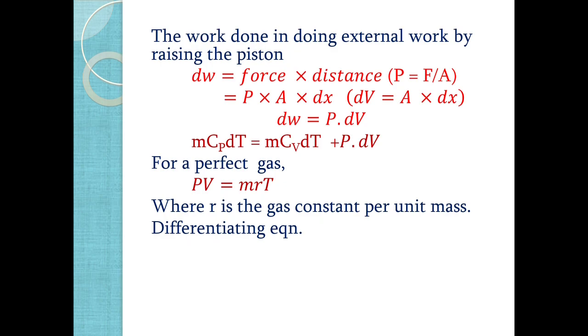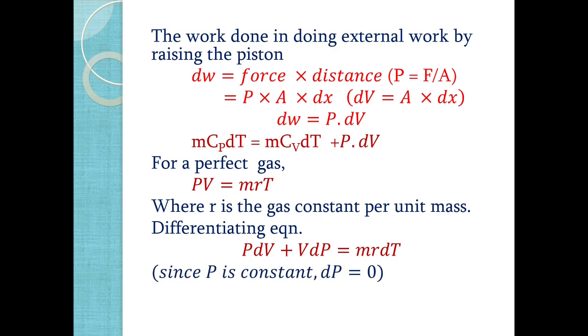P is also a variable, V is also a variable, so let us use the product rule: d of UV is U dV plus V dU. So P dV plus V dP. In the first term we keep P constant and differentiate V, so it is P dV, plus the second term where V is constant and we differentiate P, V dP, equal to m r dT, since m is constant, the mass of the gas is constant, r is a constant, and the only factor that varies is temperature.